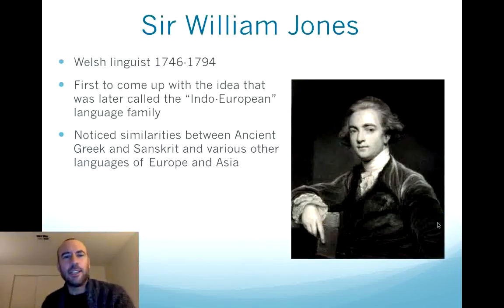Then we've got this guy, Sir William Jones. So when I was talking about North Africa and West Asia, certain parts of India and whatnot, that came into the picture because this guy, Sir William Jones, was a linguist who came up with the idea of an Indo-European language family, because he noticed there were similarities between ancient Greek and ancient Sanskrit, and he started piecing together relationships between a lot of the languages of Europe and some of the languages of Western Asia.